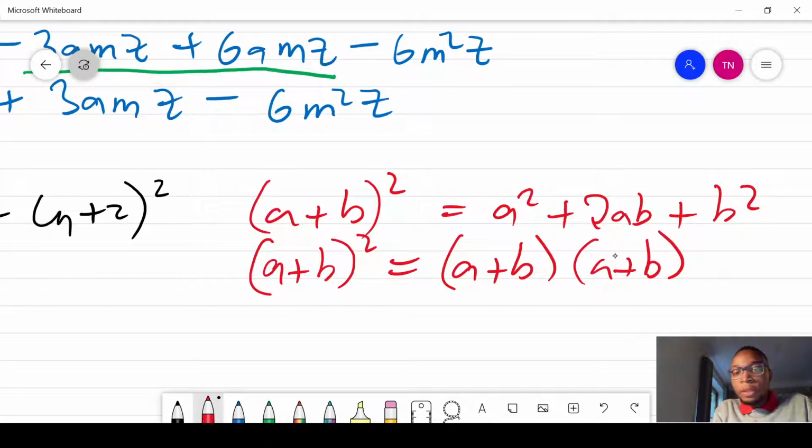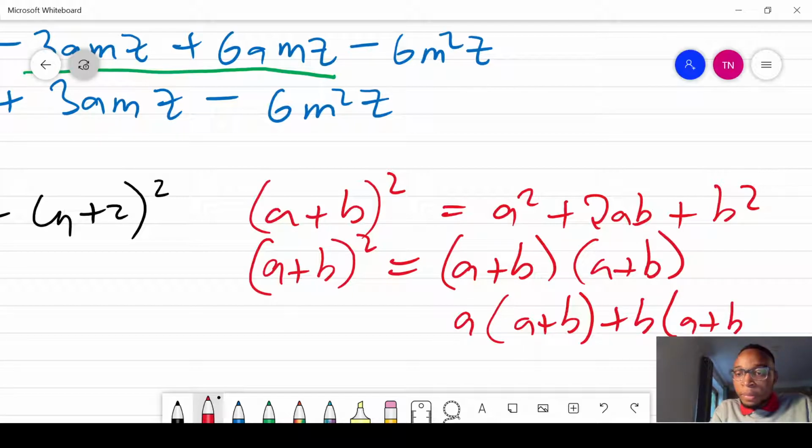Then when it's this way, we use the same techniques that we've been using. So a is going to multiply that, that is going to be a multiplying a plus b. Then we're going to be having plus b multiplying a plus b. Then you expand what you have here. You're going to have a times a, that is a squared. Then a times b, that is going to be ab.